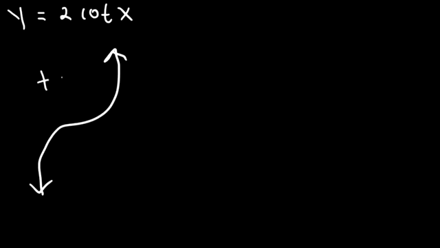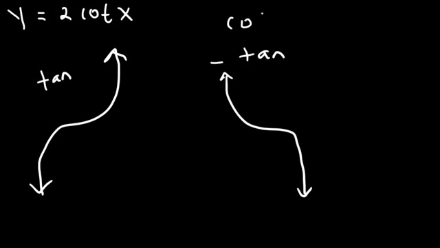That's positive tan. Negative tangent is a decreasing function. It looks like this. Now cotangent looks very similar to negative tan, and negative cotangent is similar to positive tangent. So positive cotan is a decreasing function. So let's go ahead and graph 2 cotangent x.